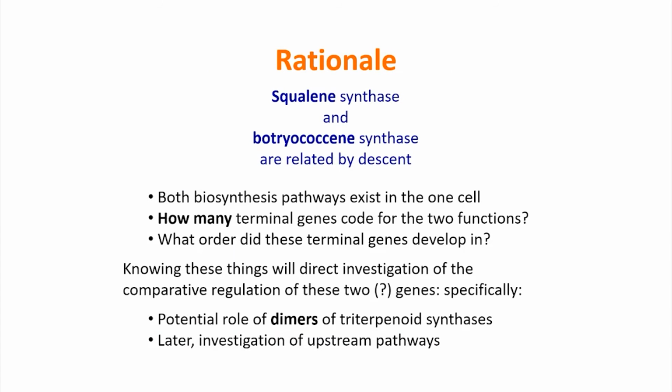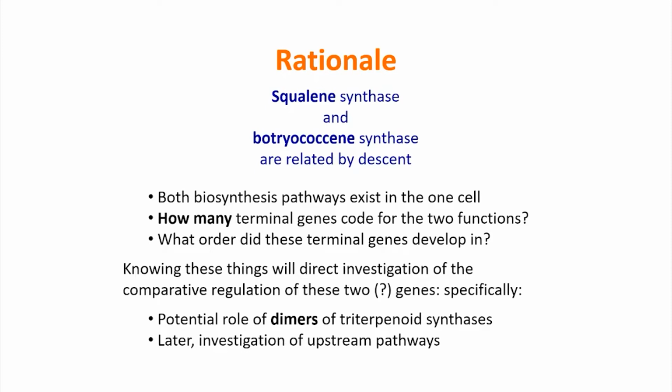Squalene synthase and botryococcene synthase are related, and I'd like to show you how. We wanted to know what order the genes developed in, and we found that we needed to develop a novel phylogenetic technique to actually even answer that question.